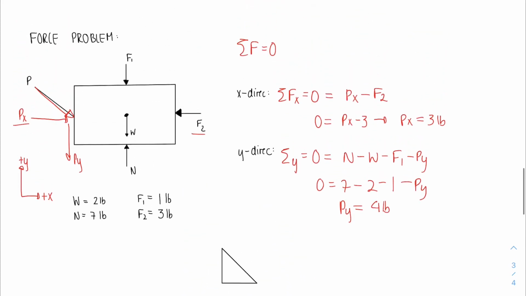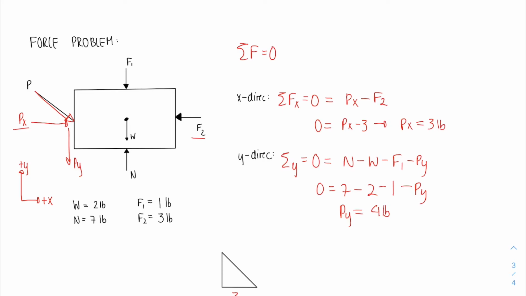So we have px is 3 and py is 4, and we can just use the Pythagorean theorem to get our final force, which is 5 pounds. And then to get our angle, we can use SOHCAHTOA.